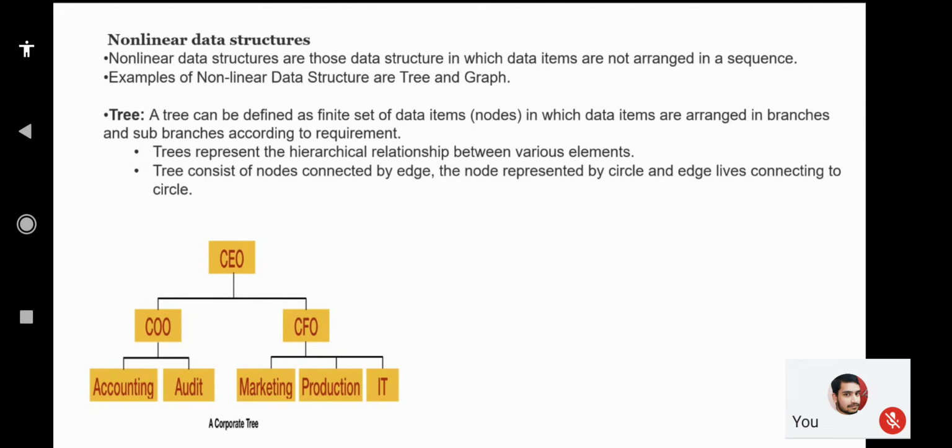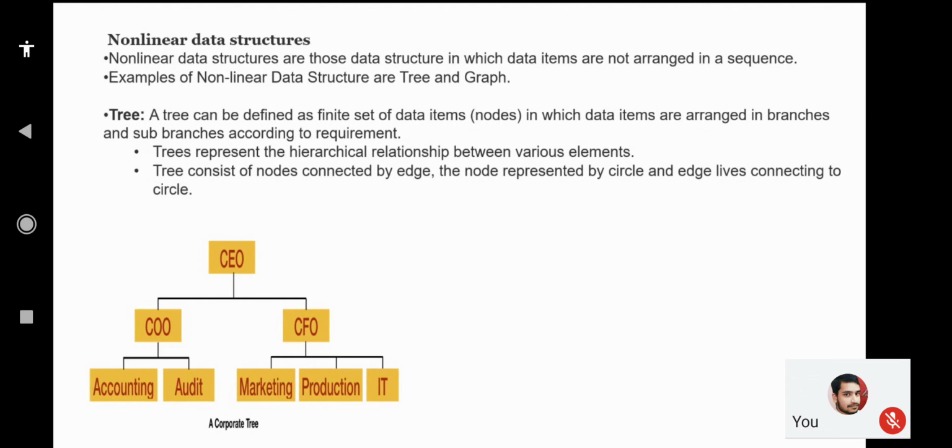That means the data are represented in a hierarchical order, where for each node there may be one or more predecessors and one or more successors. That is a non-linear data structure. The examples of non-linear data structures are tree and graph.